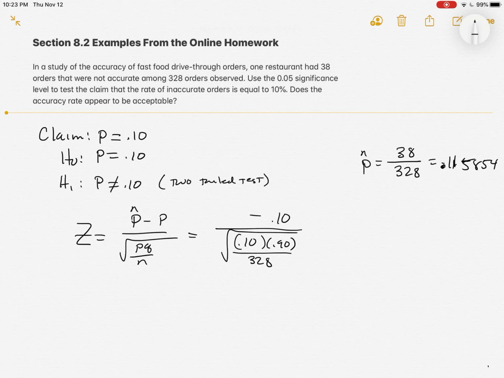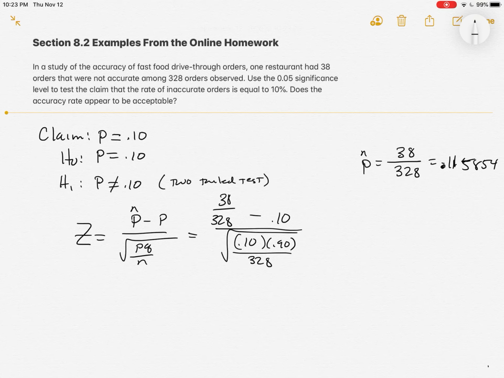So what I would suggest, instead of rounding that off at all and putting 0.116 or something like that, is just let it all ride in your calculator. So what do I mean by that? Take the 38 and divide it by 328 and subtract away 0.10 and hit equals. You'll see a number there.